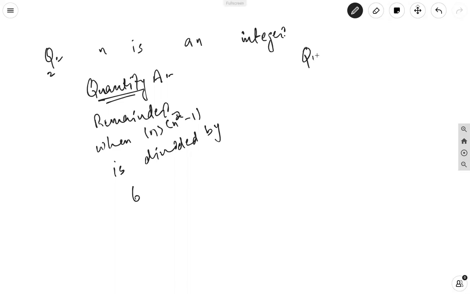And Quantity B is 0. So what will be the answer? You have just 1 minute to solve this question. Same, like equal. Anyone else?